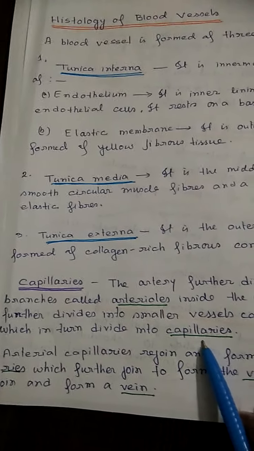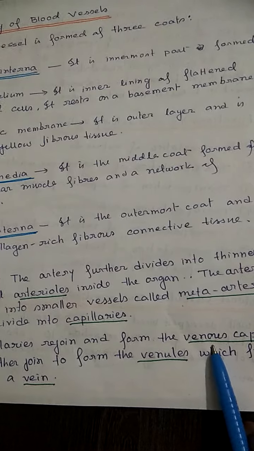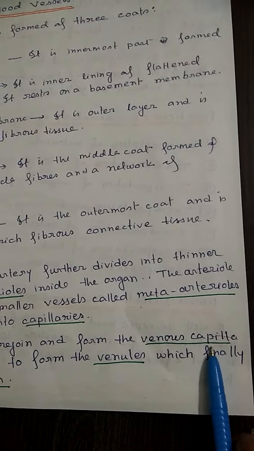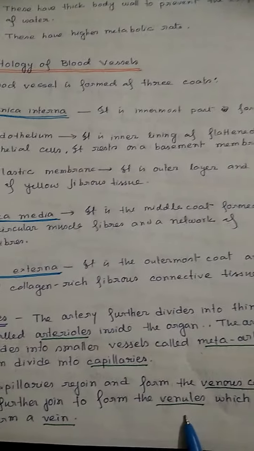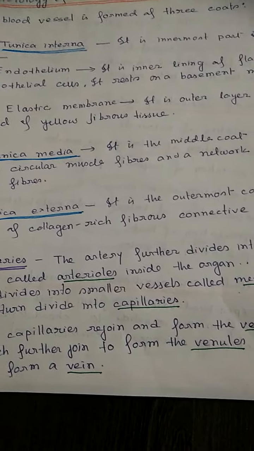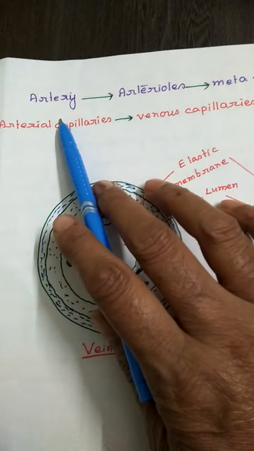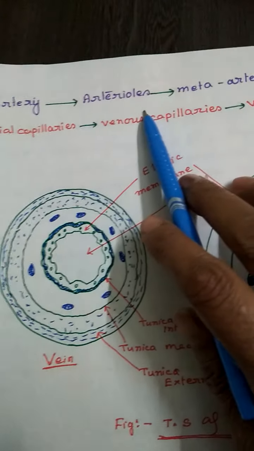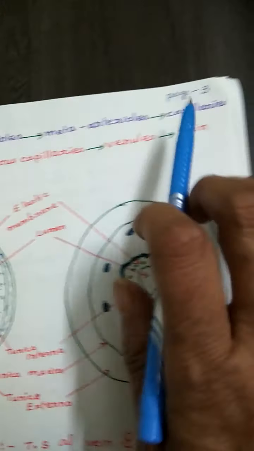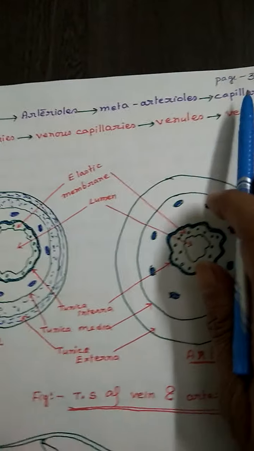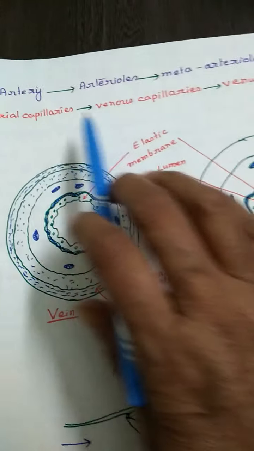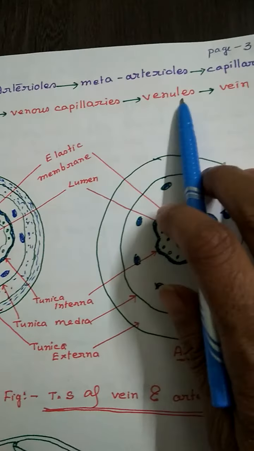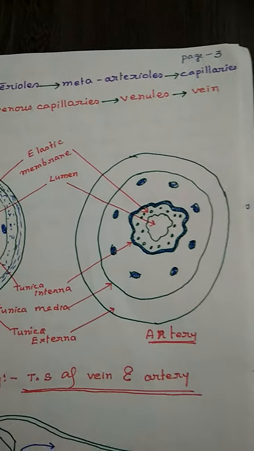Now these capillaries rejoin to form the venous capillaries, and then venules, and ultimately form the vein. So in chain we have artery, then arterioles, meta-arterioles, then capillaries. These form arterial capillaries, then venous capillaries, venules, and ultimately vein.